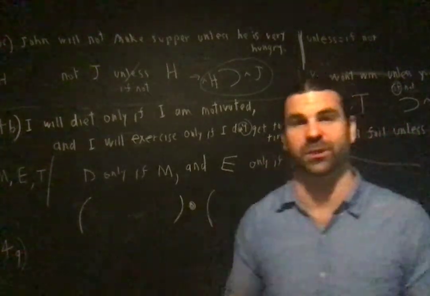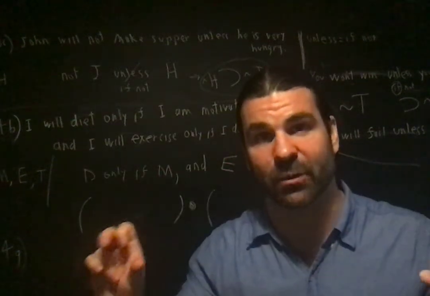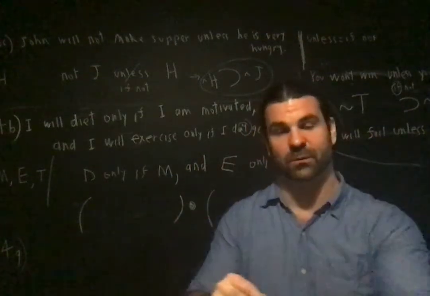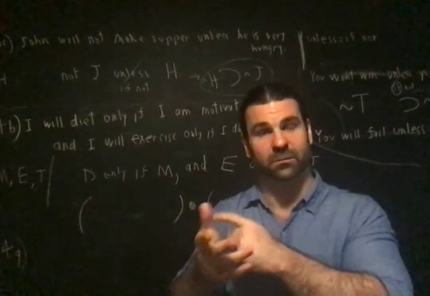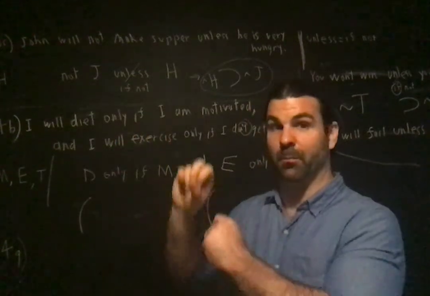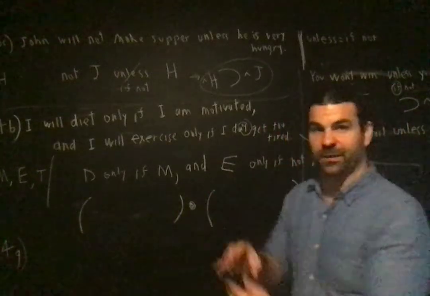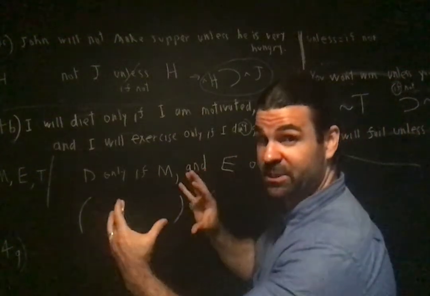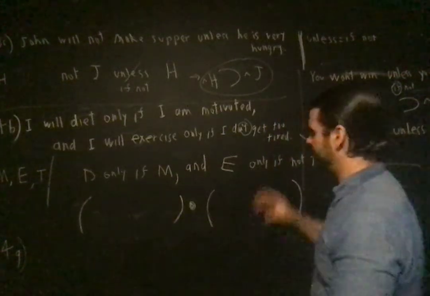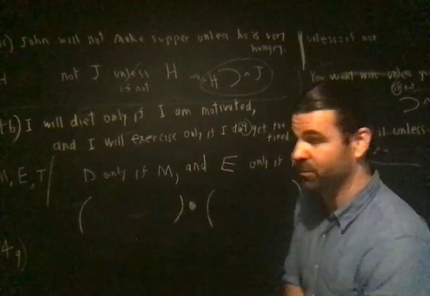That's the stress: identify the major operator and put the components in their right place. It's especially important for conditionals because they swap position quite often. If it's blah blah blah if, the "if" part goes to the left of the hook. That might be something complex, but you've got to put it in the right position and then figure out the logical form of that component. But the major operator goes there first, so that you have the correct overall form.